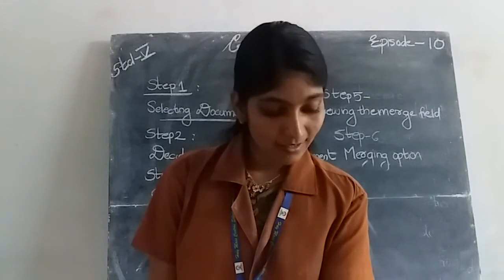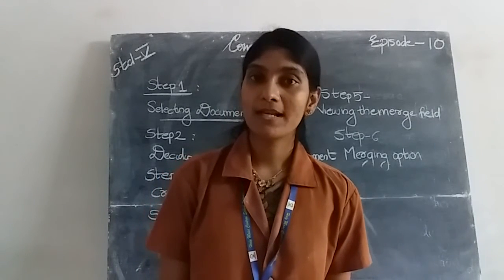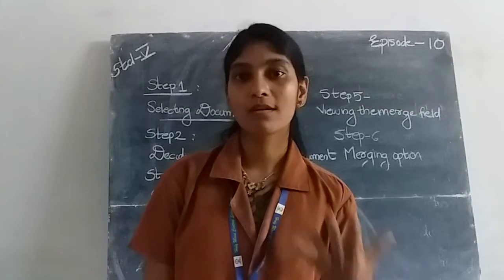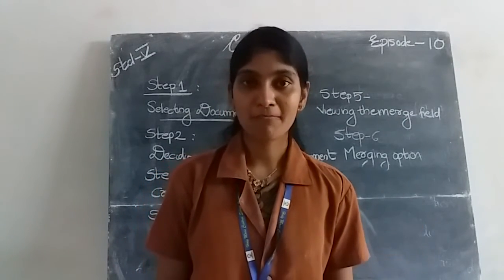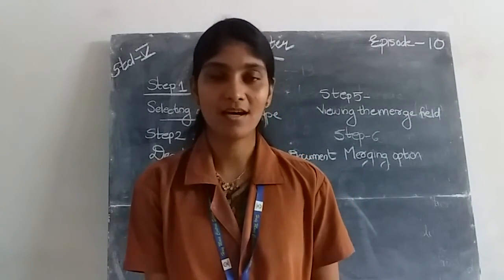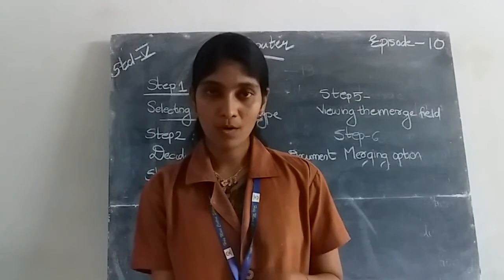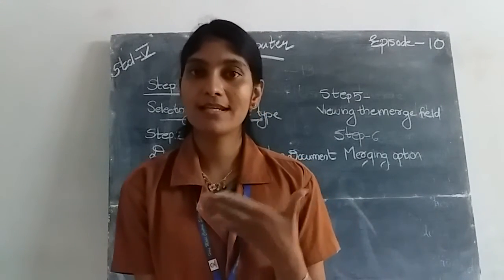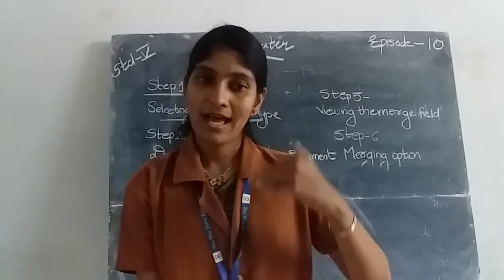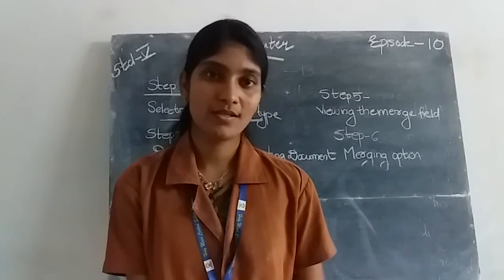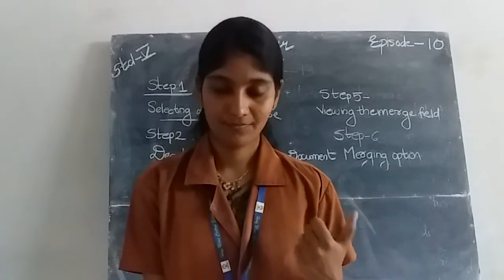In case you want to spell check the whole document, what will you do? Just go to the review tab and there is a button named spelling and grammar. Click on that button, then a box appears. On the top there is a misspelled word and at the bottom there are some suggested words. You can select one by one.